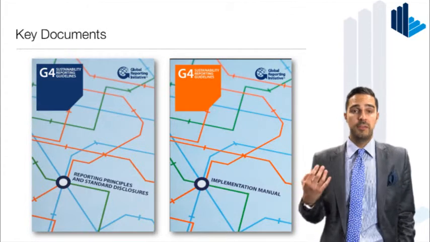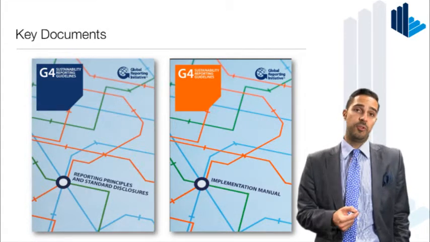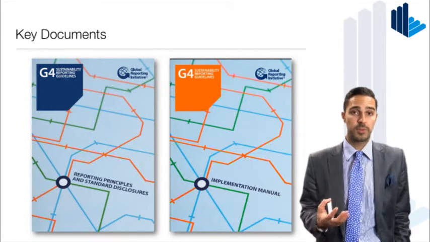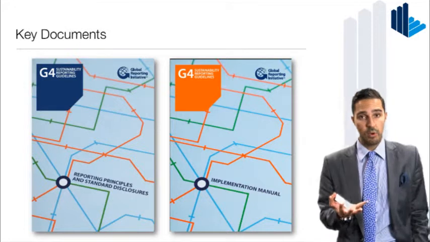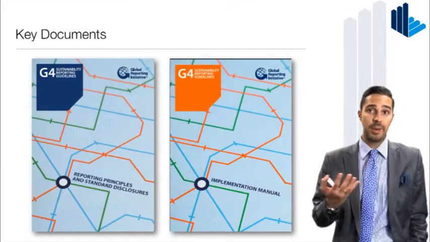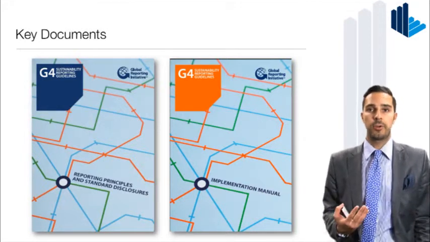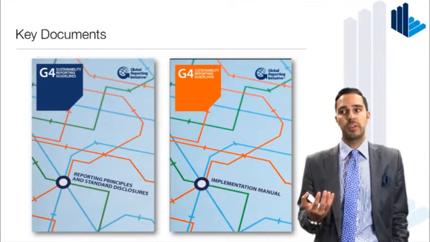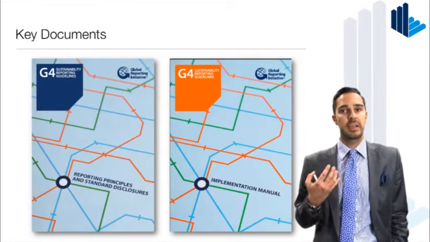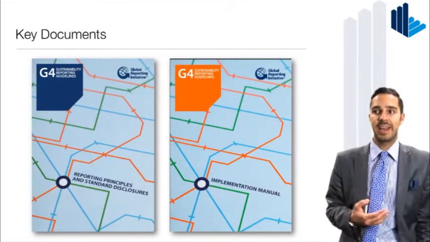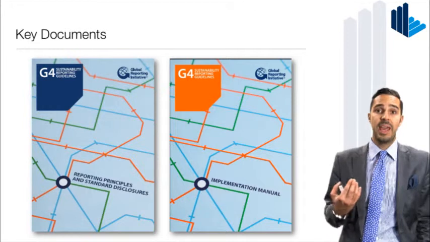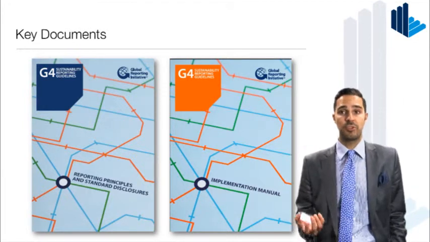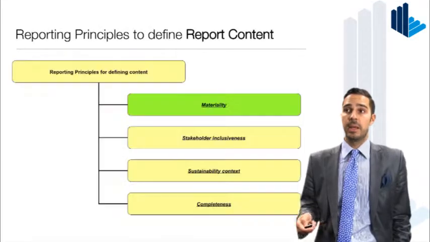Now, if you go on the GRI website, you will find a lot of resources. Basically, the framework is explained in two key documents. The first document is the G4, the GRI Reporting Principles and Standard Disclosures. And the second document is the GRI Implementation Manual.